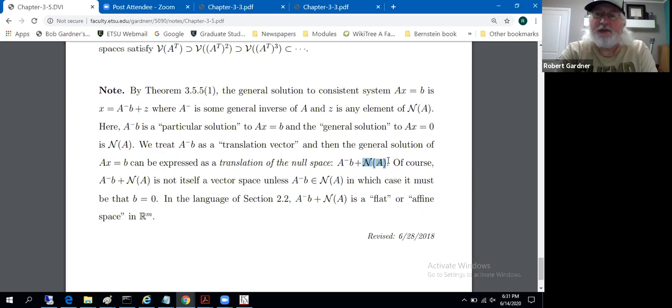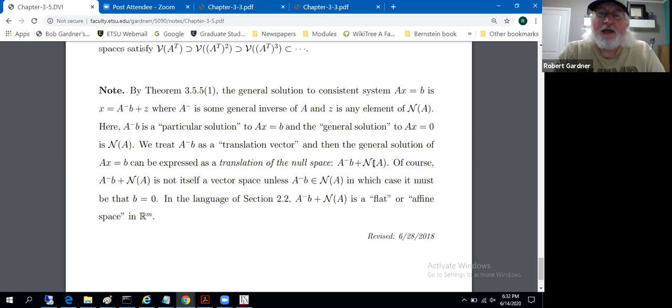I'm putting them in standard position. Then we'll get something that describes a plane. So a two-dimensional subspace would be a plane. And that's a perfectly good geometric interpretation with the vectors in standard position. But it's got this thing added to it when I talk not about the null space itself, but about this collection of vectors. Well, then what you've done is you've taken that plane and translated it by this little vector here.